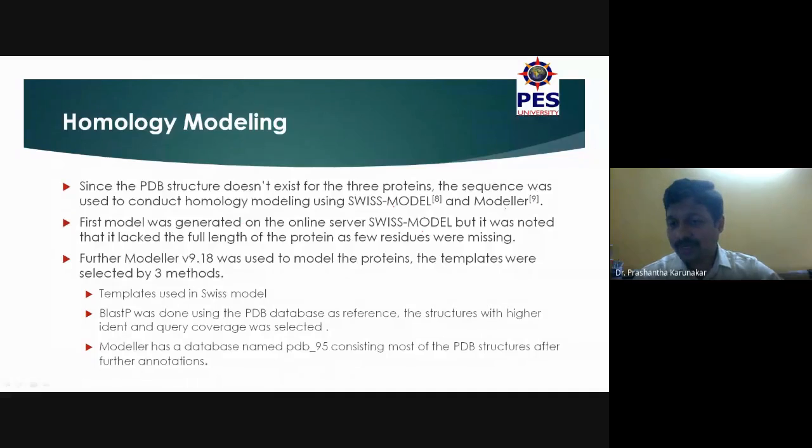Then we used Modeller version 9.18. We used some templates that we identified in the Swiss model; those templates we used in Modeller. Then we performed BLAST-P to identify whether there are any other templates that we can use to build the model. Then we also used Modeller, which has the inbuilt database called PDB95, and using this also we aimed to get the model.